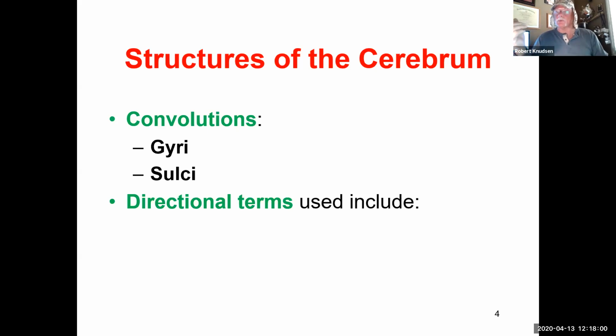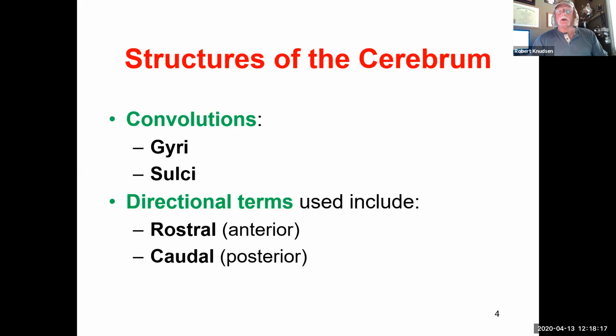It's called rostral. Tail end still applies. Tail is what? Caudal. So rostral is the front part, and tail is the caudal part. And we still have superior and inferior. So rostral is anterior, caudal is posterior. There you go.